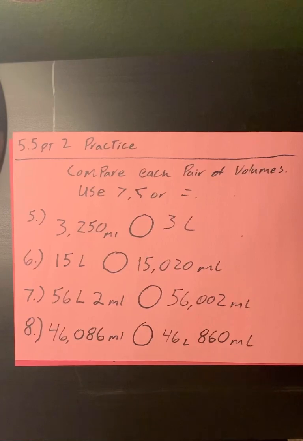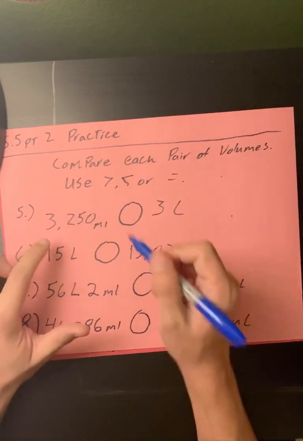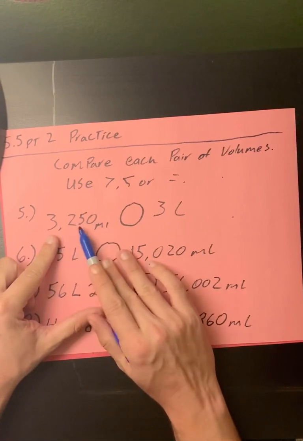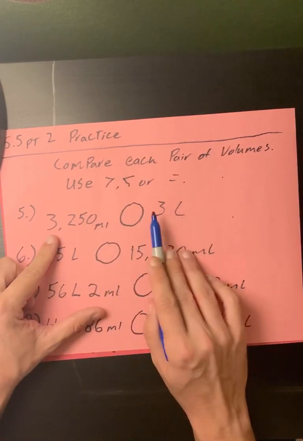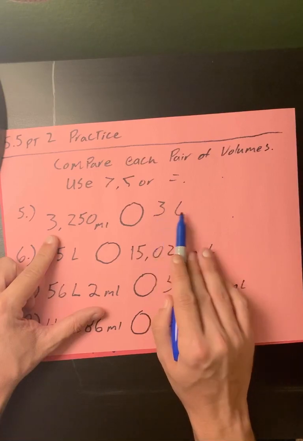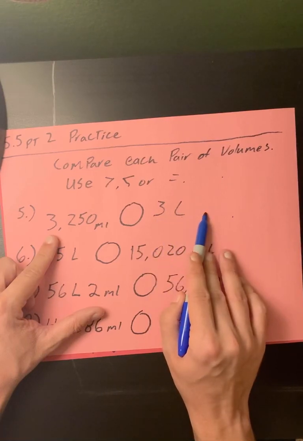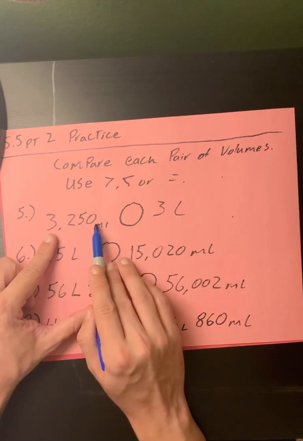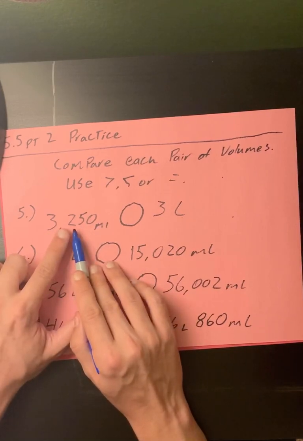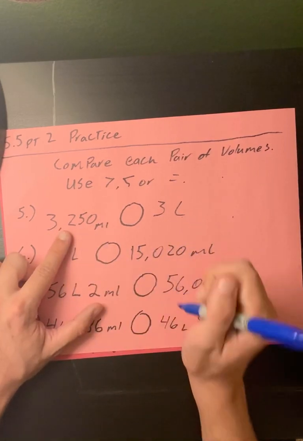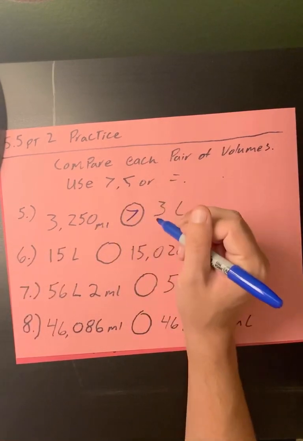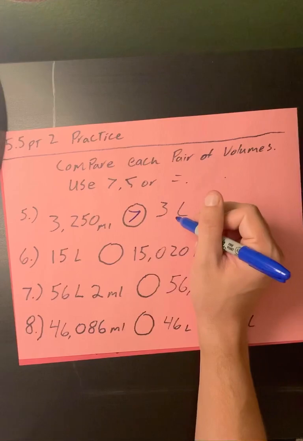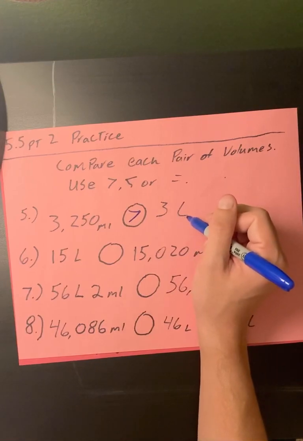All right, now back to quickly going through these comparisons. Problem number 5, 3,250 milliliters compared to 3 liters. 3 liters is just 3,000 milliliters compared to 3,250. This has a 2 in its hundreds place. This would have a 0. So 3,250 milliliters is greater than 3 liters.